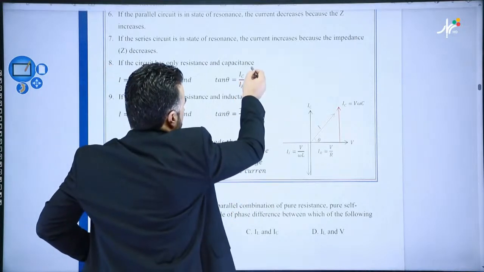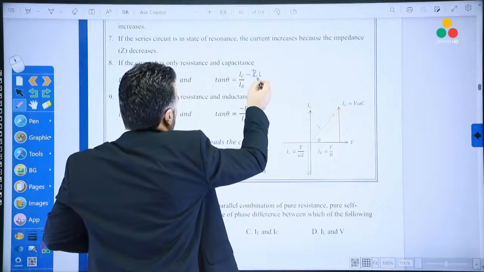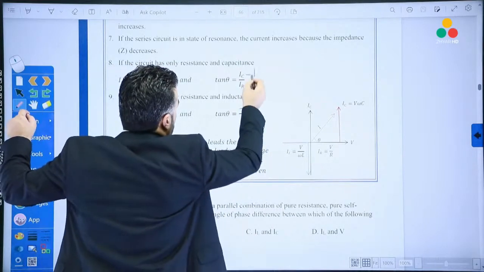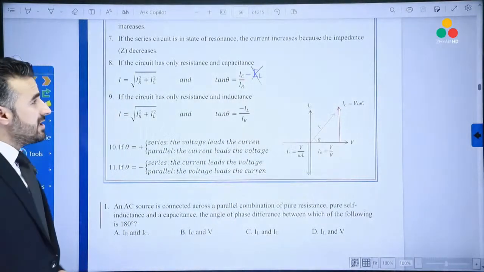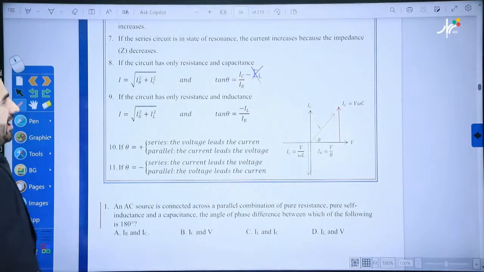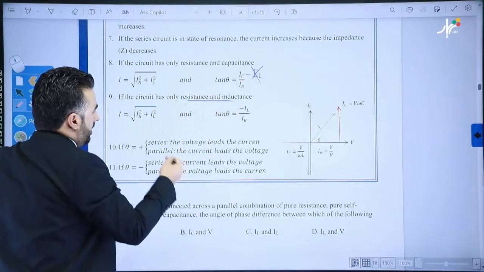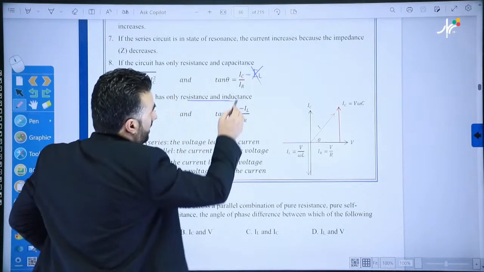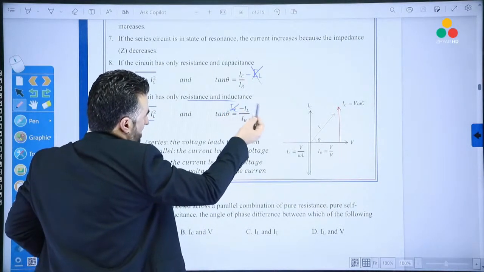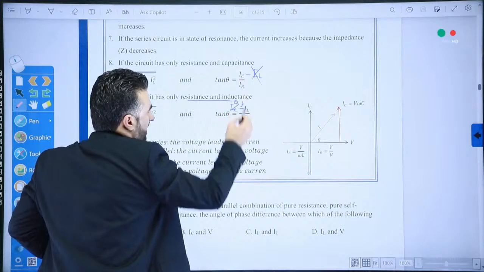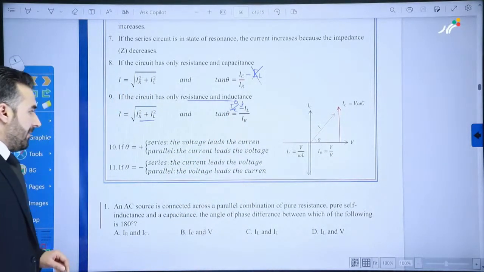It's normally IC minus IL divided by IR, but if there's no inductance, you can just cross it out, so IC is left here. But if the circuit has only resistance and inductance, there is no IC here, so of course we have this, but don't forget, now the equation is IC minus IL. If IC is 0, or it doesn't exist, then 0 minus IL, you'll have to keep this negative so that you can get a negative value over there.